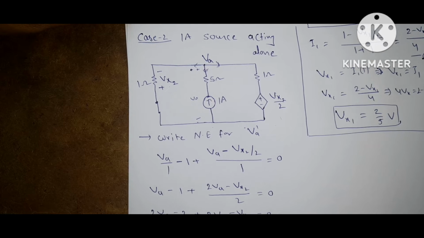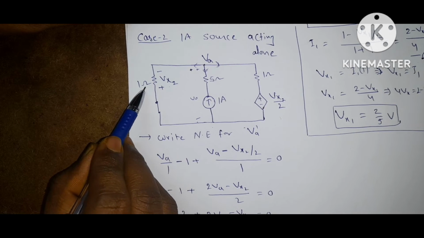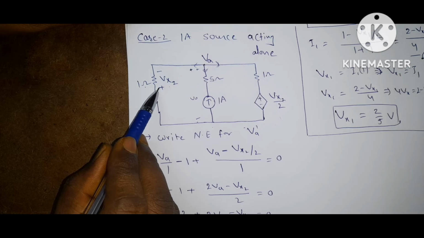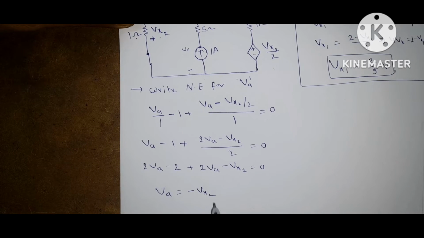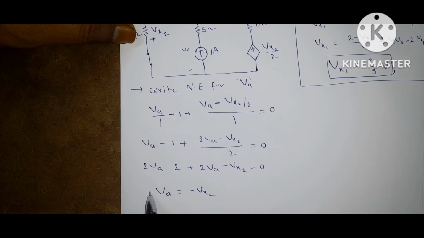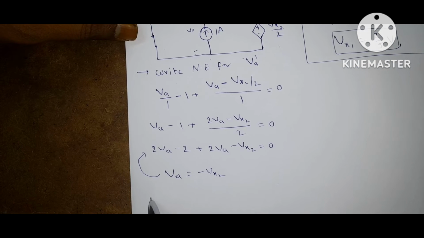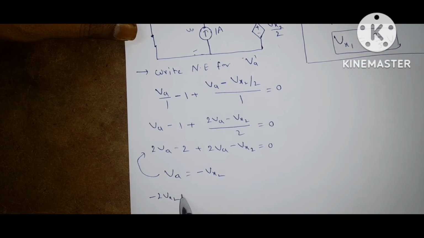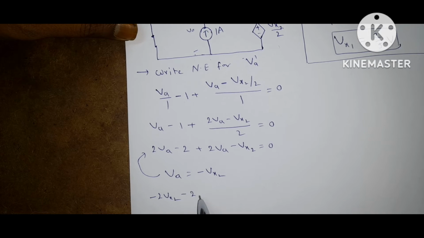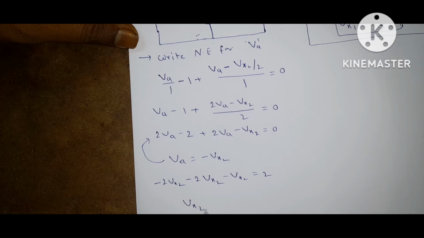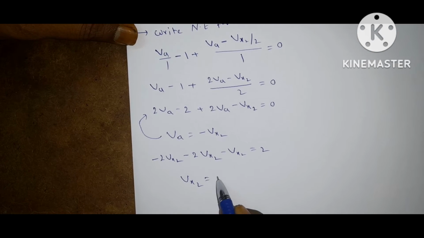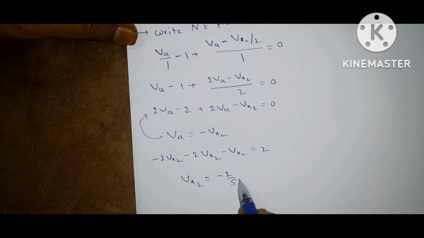Actually Va is equal to the voltage across the 1 ohm. Here the direction is reversed, so Va is equal to minus Vx2. Substitute this value in this equation, and you will get minus 2 Vx2 minus 2 Vx2 minus Vx2 is equal to 2. So from this, Vx2 is equal to minus 2 by 5 volts.